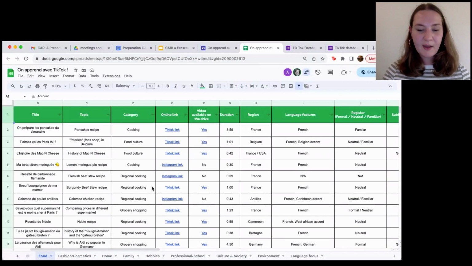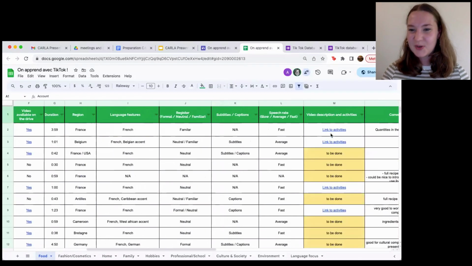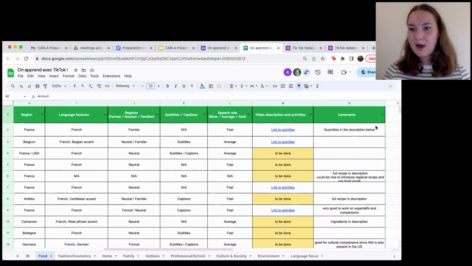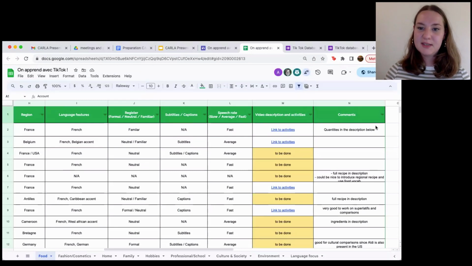You can do a lot of things with those TikToks, but we try to give you a little bit more guidance to some activities when we had ideas. We also give comments about if there is any trigger warning in the video, or ideas of activities that we hadn't the time to develop.